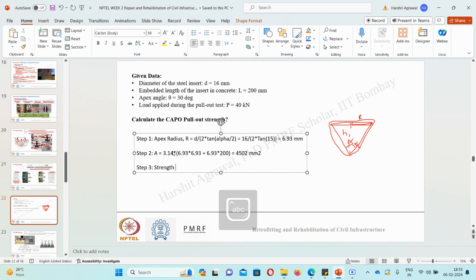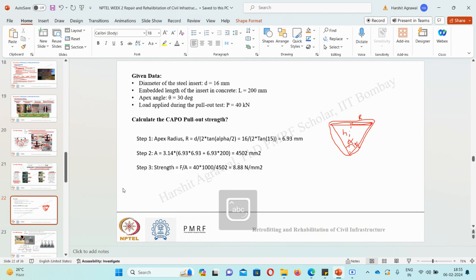Then step 3 will be strength. So pull out strength will be nothing but force upon area. So it will be 40 into 1000 divided by 4502. So it will come out to be 8.88 Newton per millimeter square.